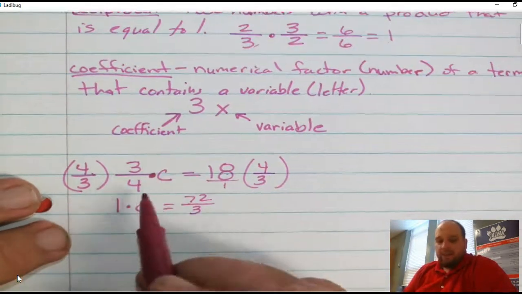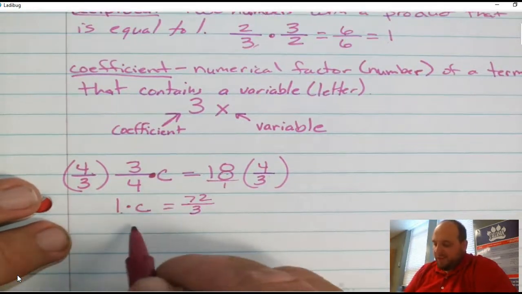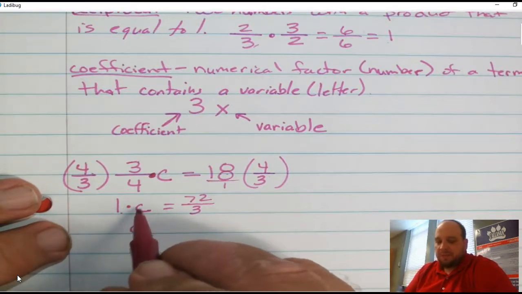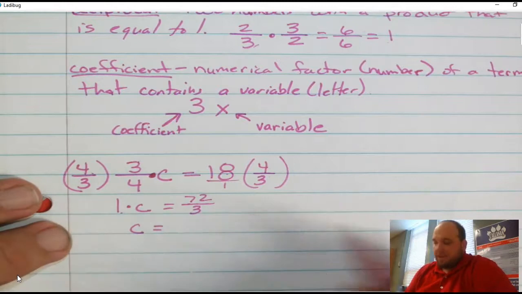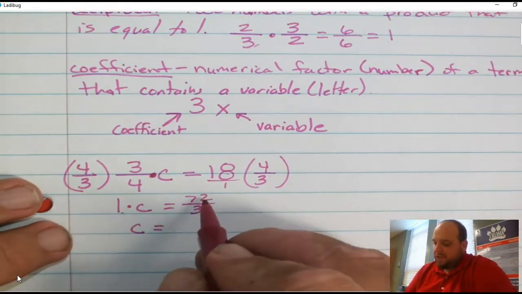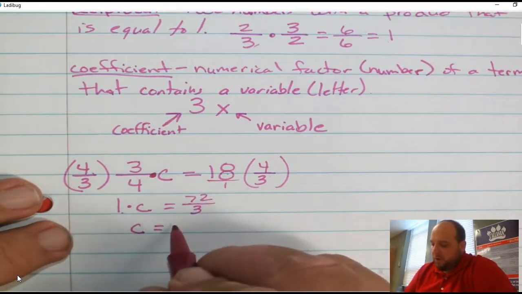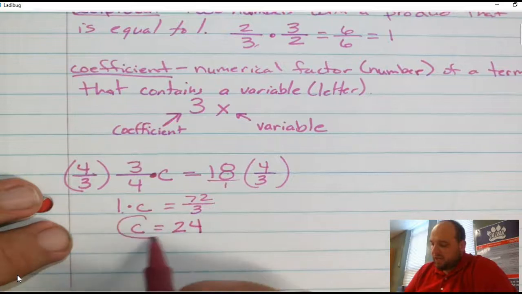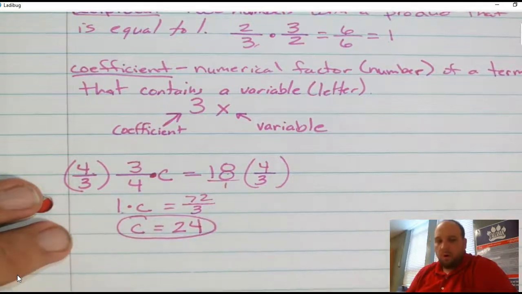When I take 1 times c, that really is just c, so I don't need to write that step. 72 divided by 3 is 24. So c is equal to 24.